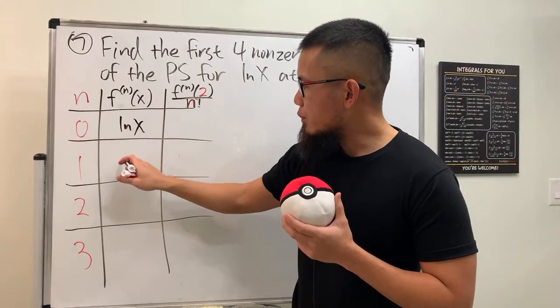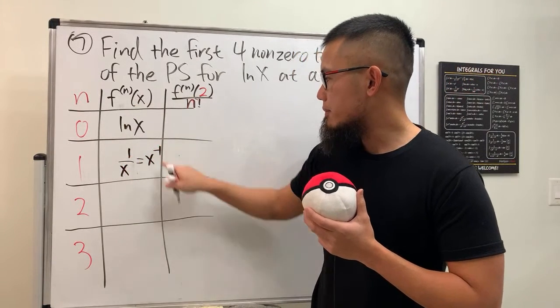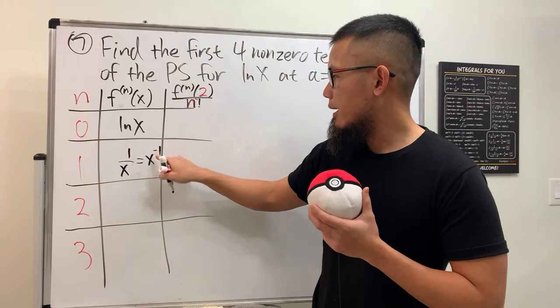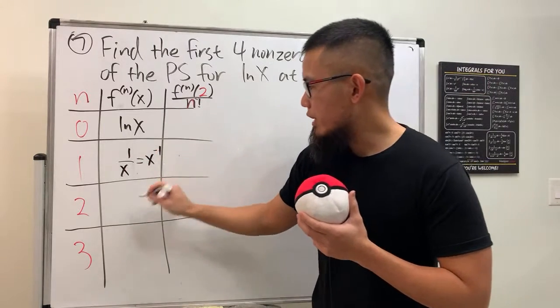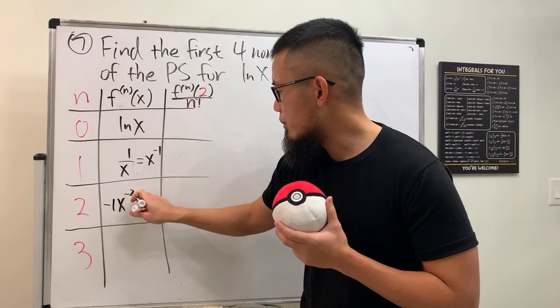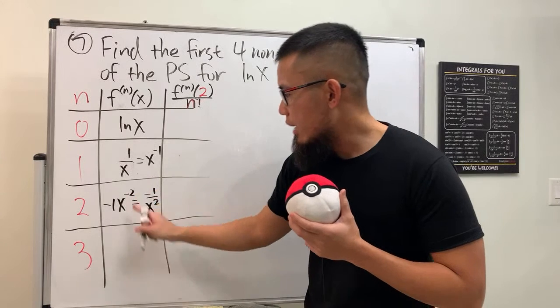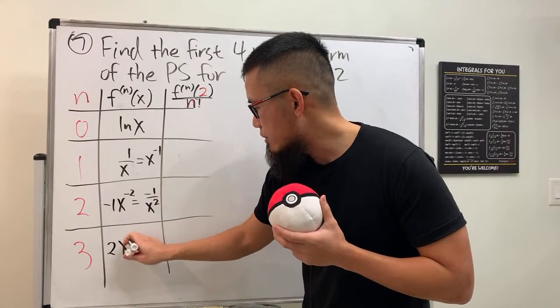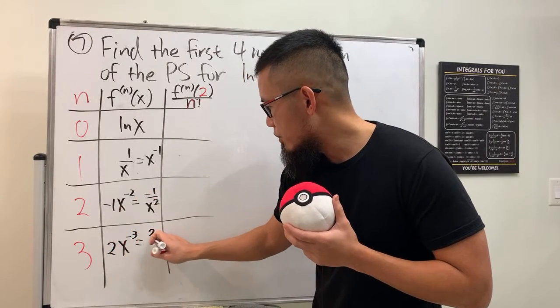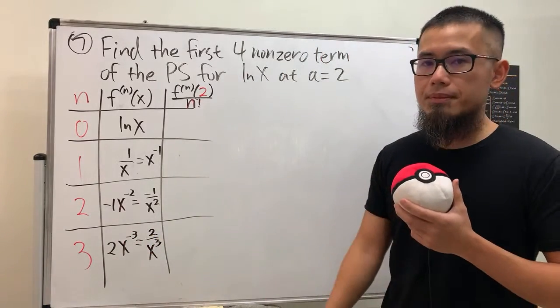Differentiating one time, we get 1 over x, namely x to the negative 1. Differentiate again, we get negative 1 x to the negative 2, which is negative 1 over x squared. Differentiate again, we get positive 2 x to the negative 3, namely 2 over x to the third power.